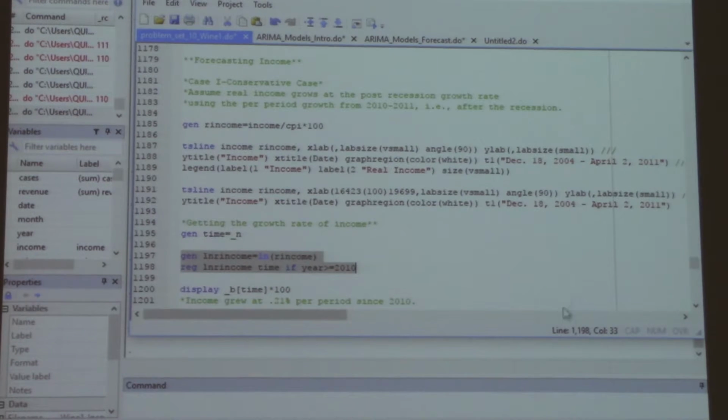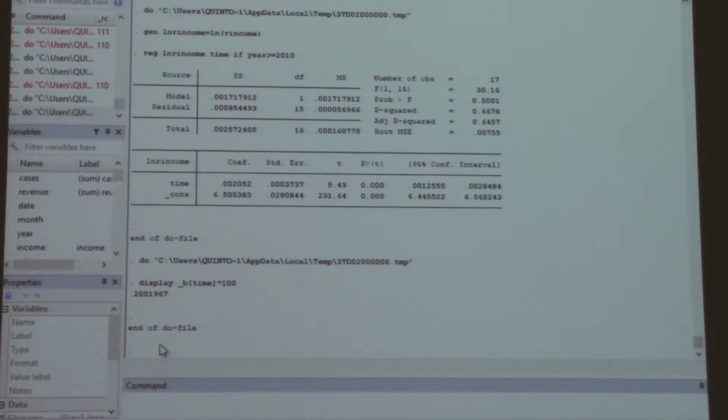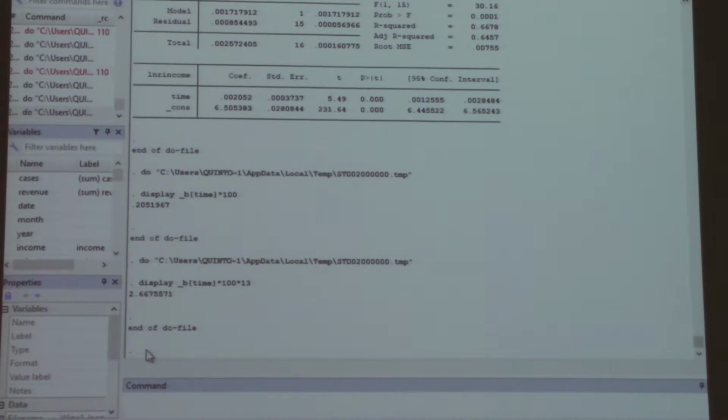From there, we can fill in 0.21, I guess. It's times 100. Per year, there are 13 4-week ending periods. Remember, the Nielsen data is 13 periods. So that's about 2.66% per year, which is about right because we've been consistently under 3% growth.